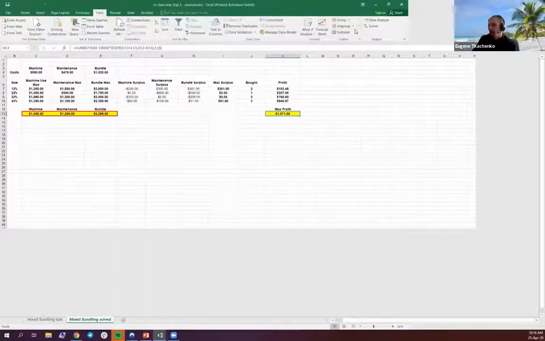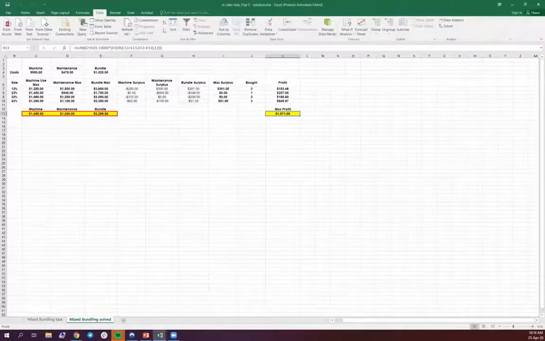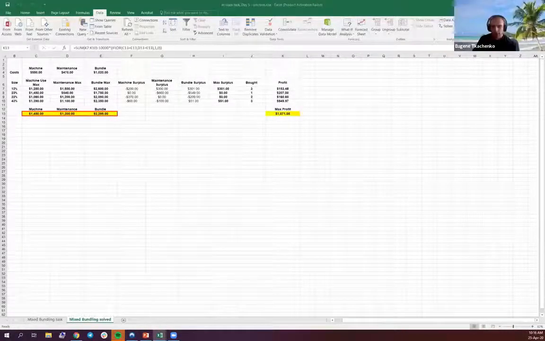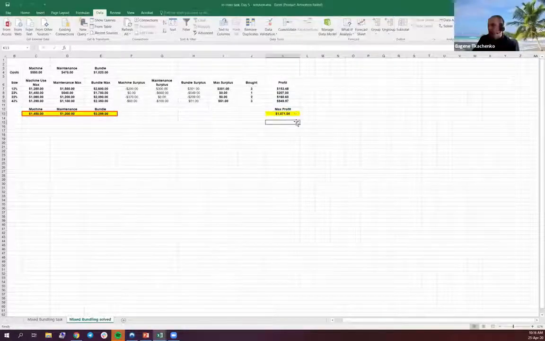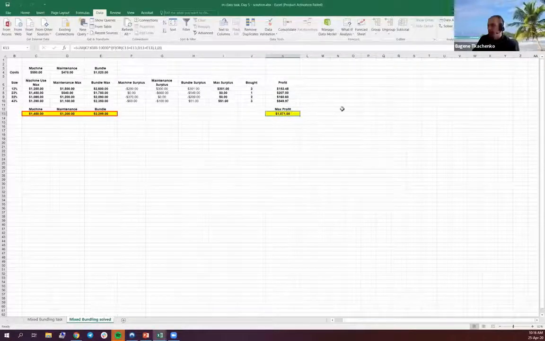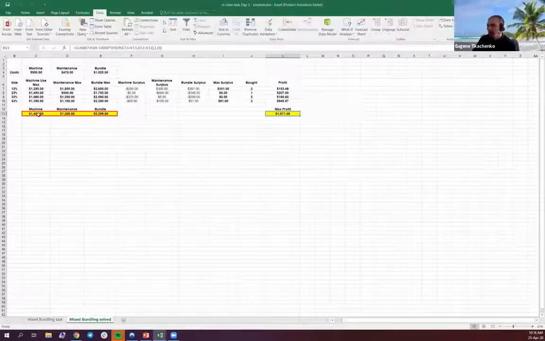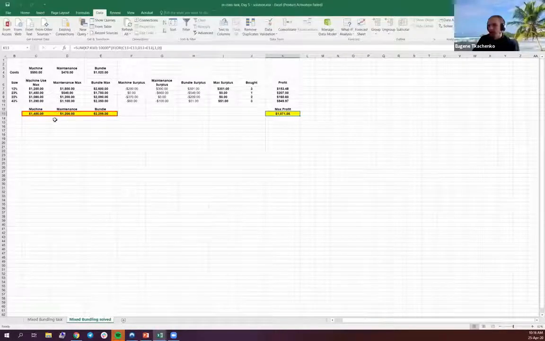Can you guys see my screen? Yes. Okay, sweet. So I'm going to show you that I got the result of $1,071 as a max profit. The prices being selected are slightly different.